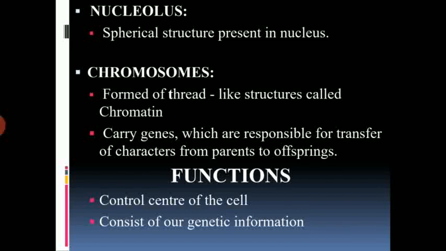Why? Because it controls the growth, maintenance, and regulation of the cell. All the work of the cell actually depends on the nucleus. So it's the master of the cell, you can say. Fine. So that's about the functions of the nucleus.